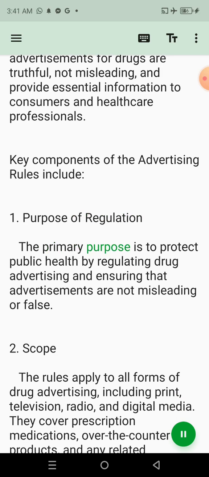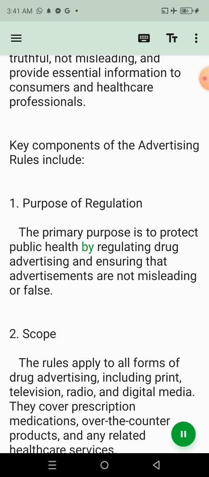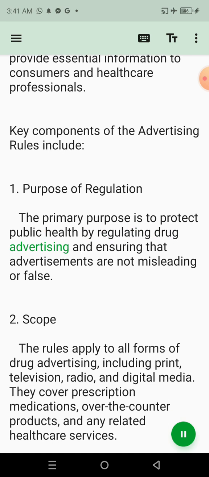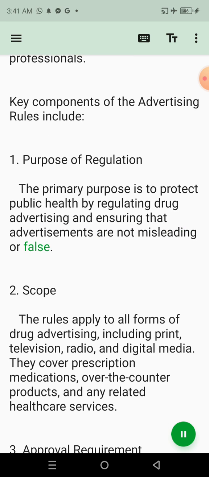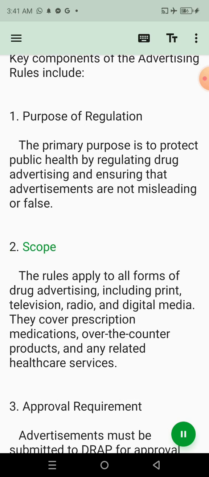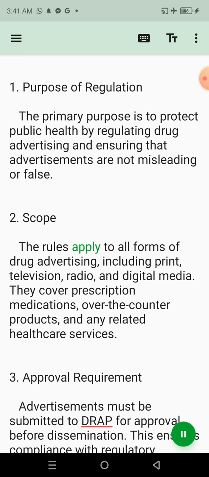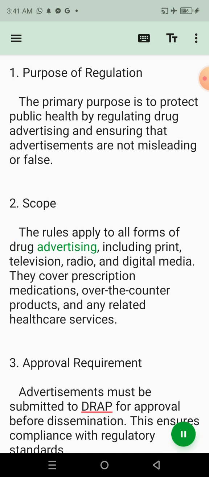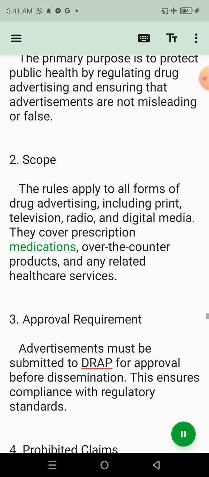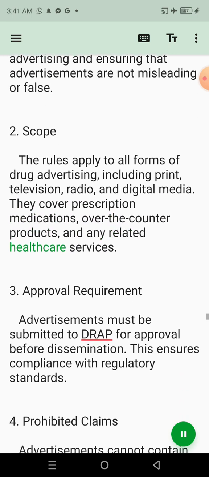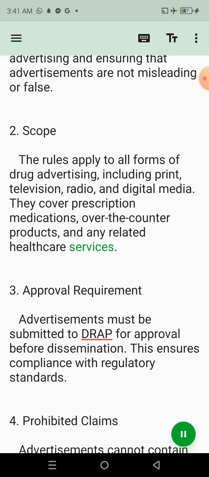The primary purpose is to protect public health by regulating drug advertising and ensuring that advertisements are not misleading or false. 2. Scope. The rules apply to all forms of drug advertising, including print, television, radio, and digital media. They cover prescription medications, over-the-counter products, and any related healthcare services.